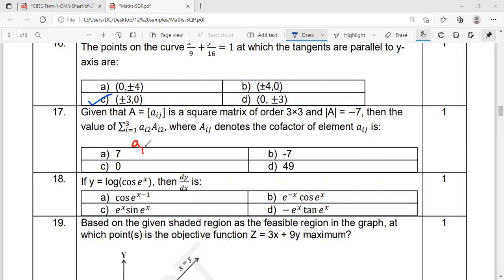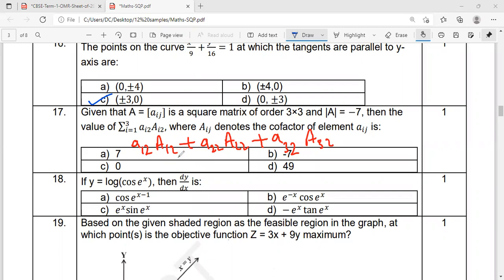So it's like a12 times capital A12, plus a22 times capital A22, plus a23 times capital A23, plus a32 times capital A32.